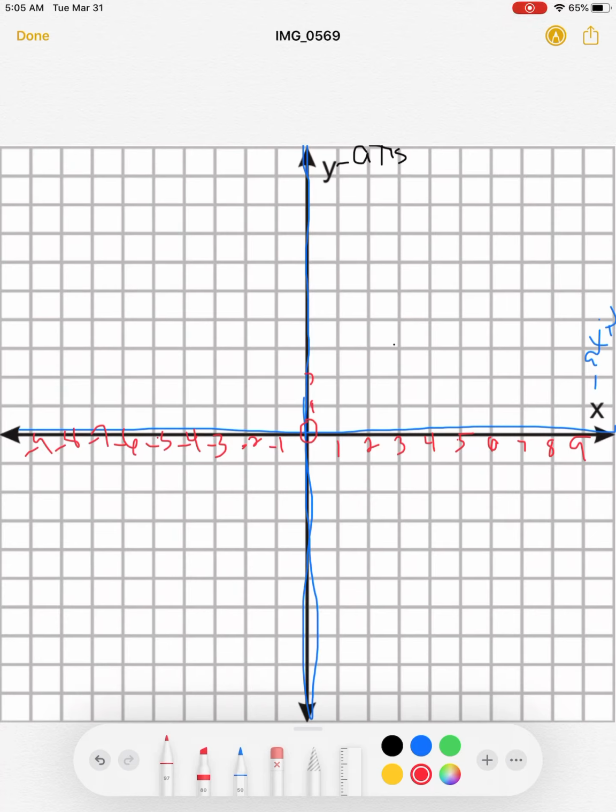Positive 1, positive 2, positive 3, positive 4, 5, 6, 7, 8. And below sea level, you have your negative integers, right? This one's negative 1, negative 2, negative 3, negative 4, negative 5, negative 6, negative 7, and I think I can get a negative 8.